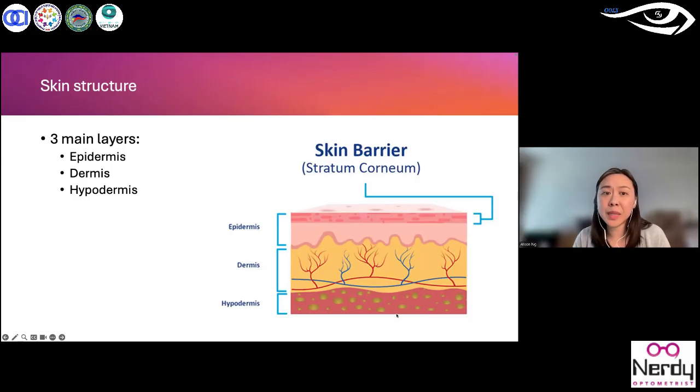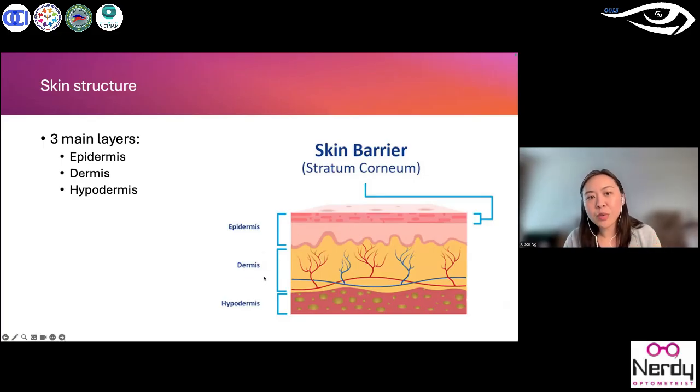What is not on this particular picture here are things like hair follicles, sweat glands, and sebaceous glands, and they're glands and biological features that are vital for the overall function of the skin, but they're just not on this particular image here. So the very, very top layer that's exposed to the world is the epidermis, and this provides us that physical barrier. And I'll talk quite a bit more about the epidermis on the next slide.